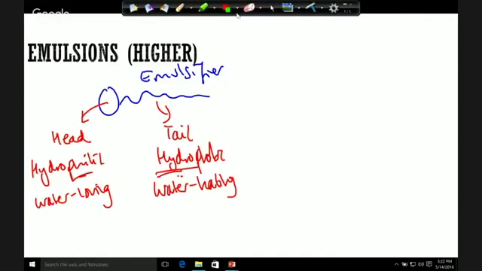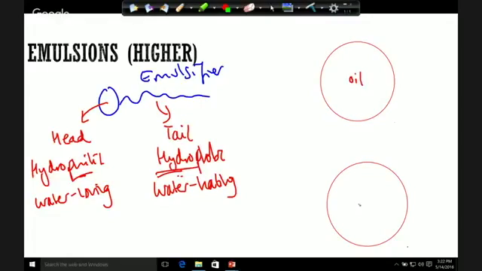And this is how the emulsifier works to make an emulsion. Because, for example, if we had a circle to show water and a circle to show oil, we can see what's happening in the two scenarios. Let's start off with water first of all, and you need to be able to draw these examples in an exam. So if we've got the emulsifier, the head end is hydrophilic, water loving, but the tail end is hydrophobic, water hating.